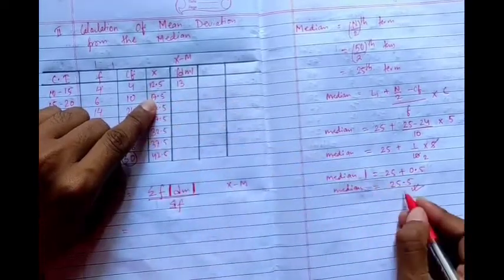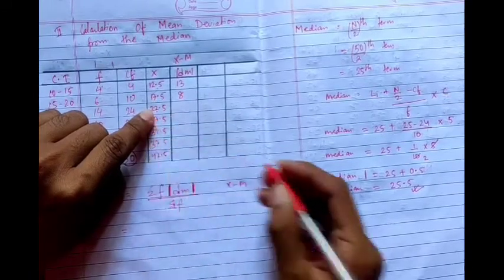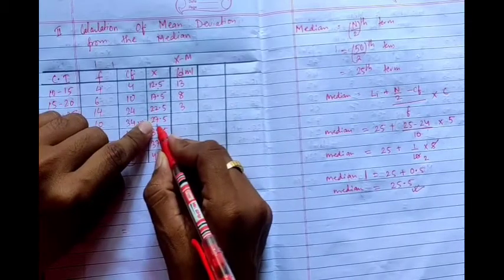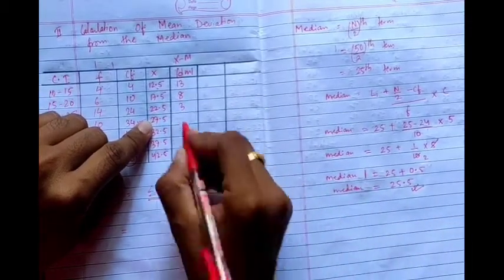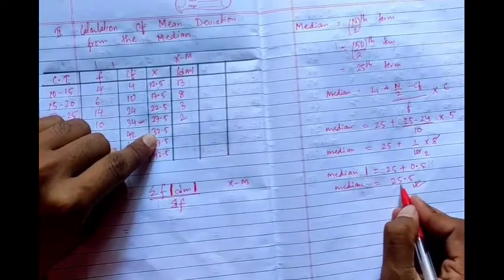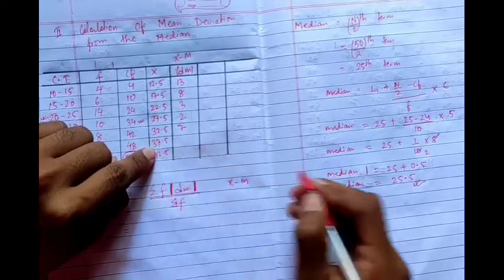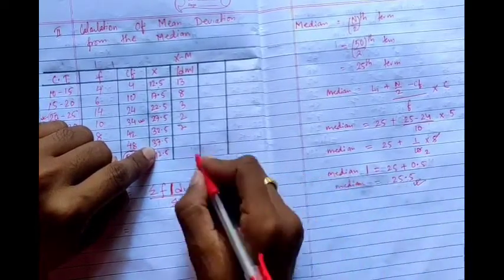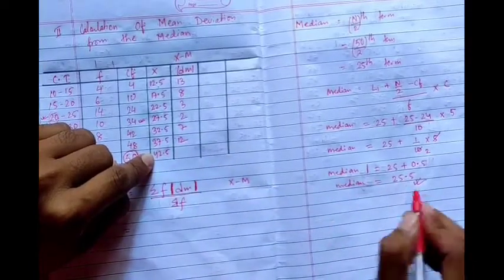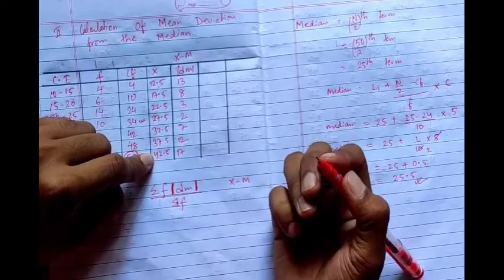Then 17.5 minus 25.5, how much? 8. 22.5 minus 25.5, how much? 3. Then 27.5 minus 25.5 will get 2. Then 32.5 minus 25.5, how much? 7. Then 37.5 minus 25.5, how much? 12. Then 42.5 minus 25.5 will get 17.